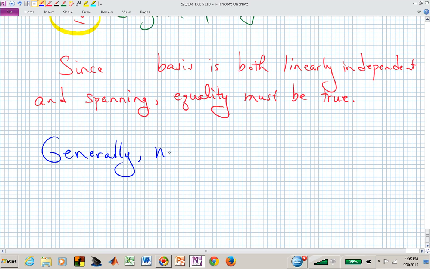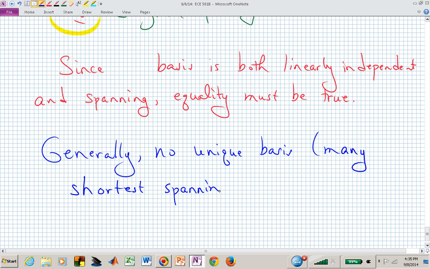No. There's generally no unique basis, which really says that there are many shortest spanning lists.